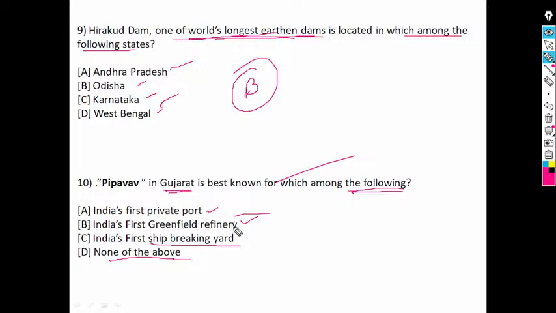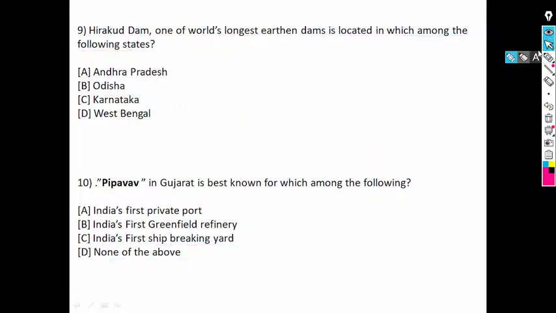Pipavav is the first private port, that is in Gujarat. So the answer is A, Pipavav.